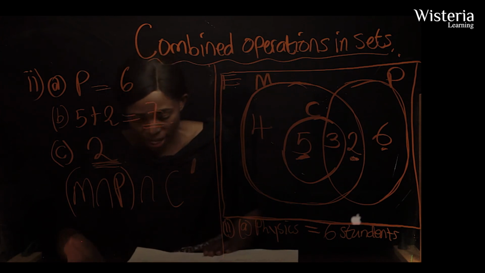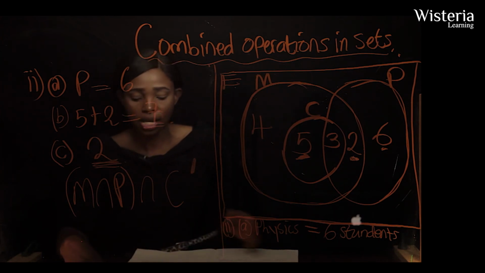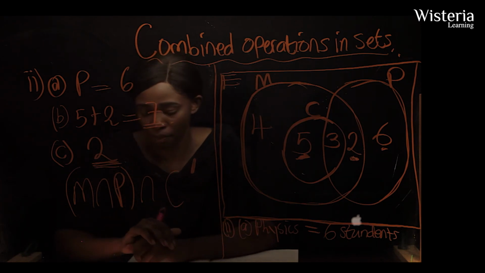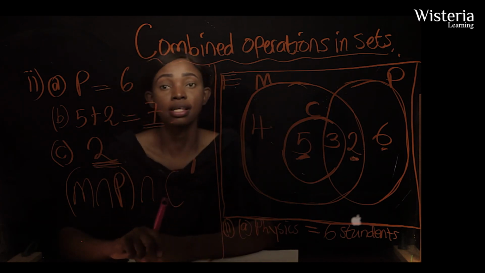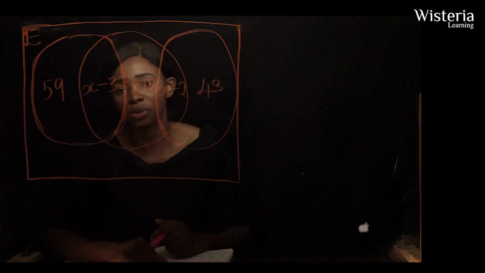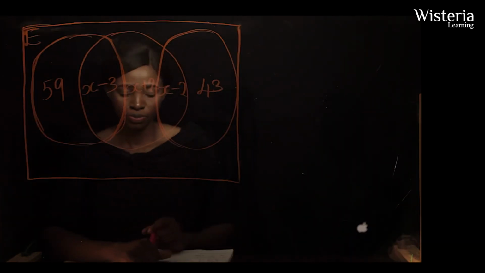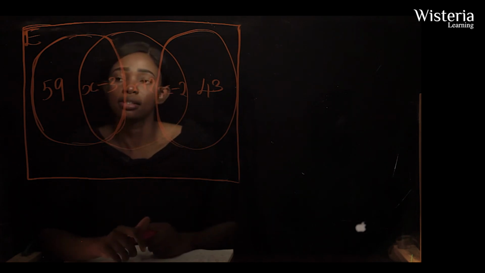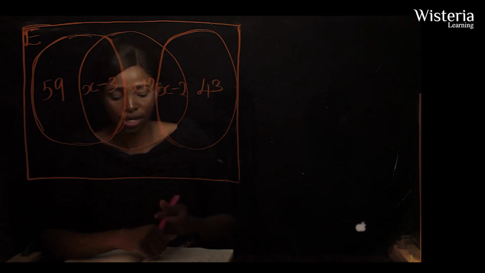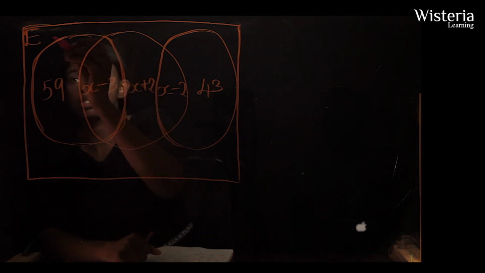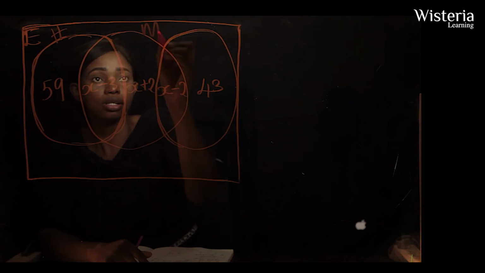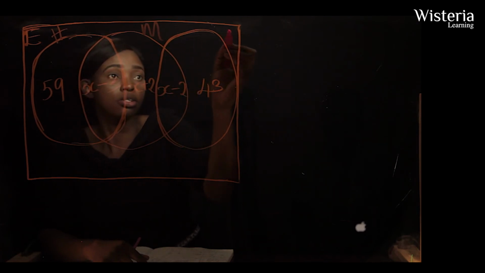Okay, we're going to look at another question from a past paper, paper 2, our last one in this lesson. We have a Venn diagram given in this manner, where we have been given the subjects. This is history, this is music, and this is geography.